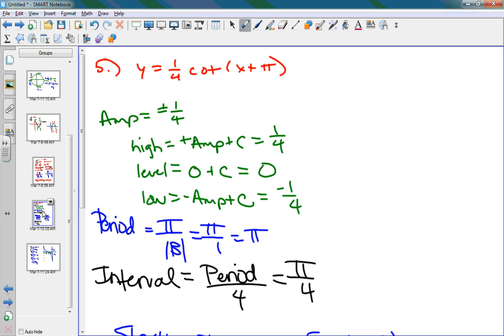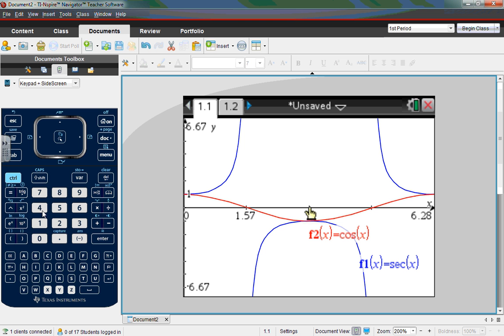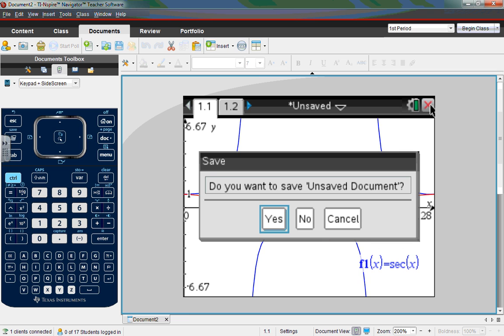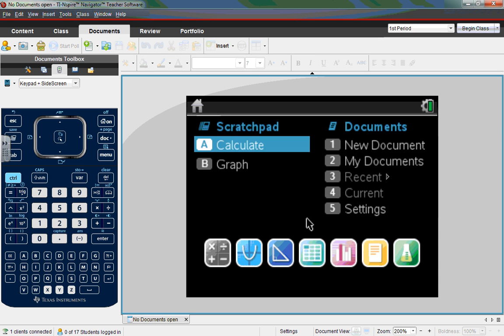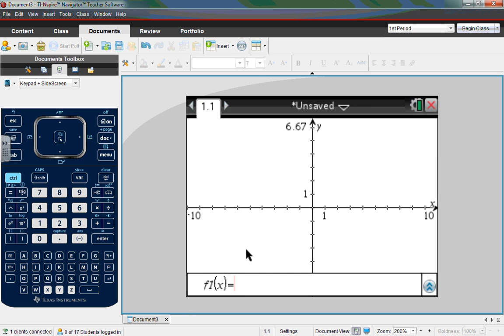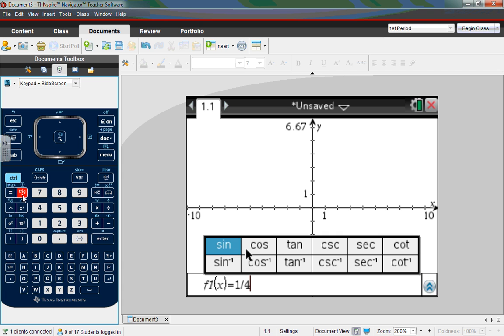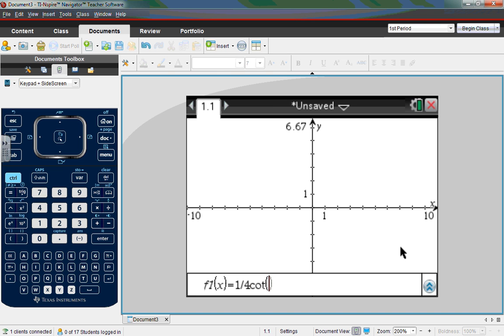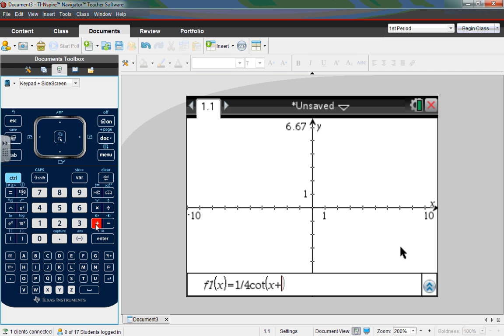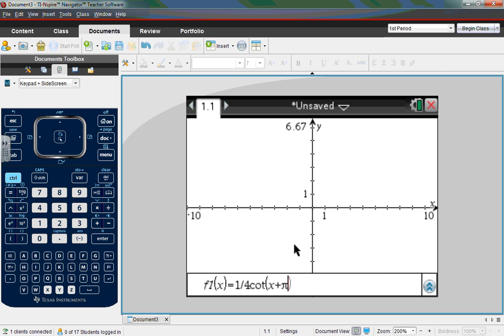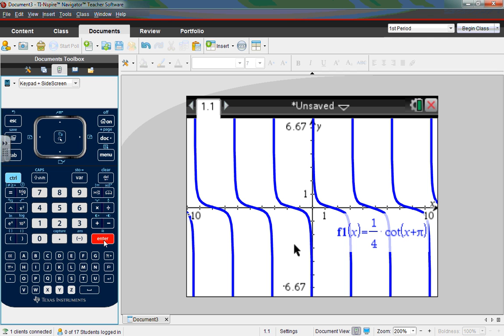Okay, so if we go back to our graphing calculator to check all this. My function was 1 divided by 4, trig, cotangent, inside parentheses x plus pi, and hit enter.